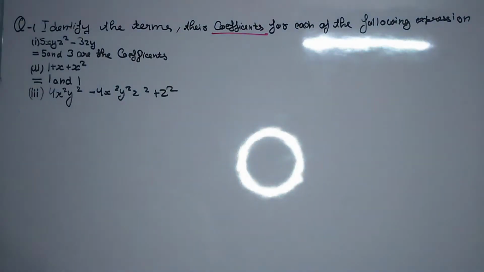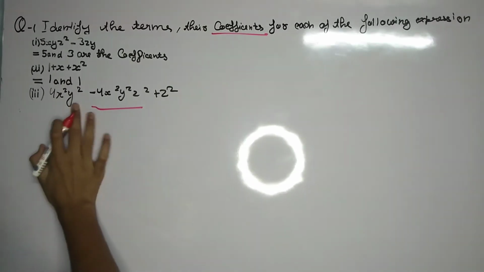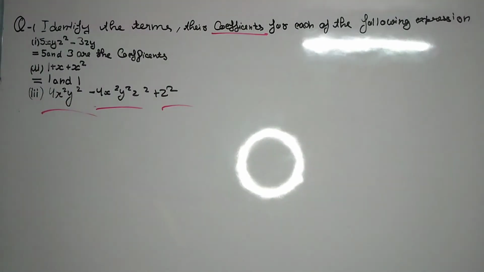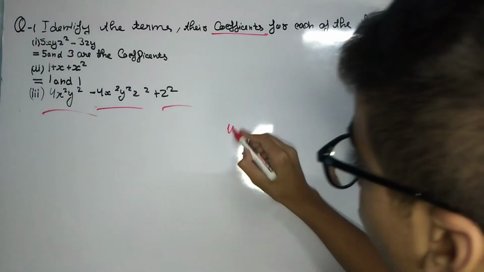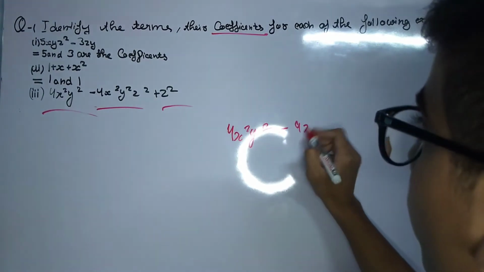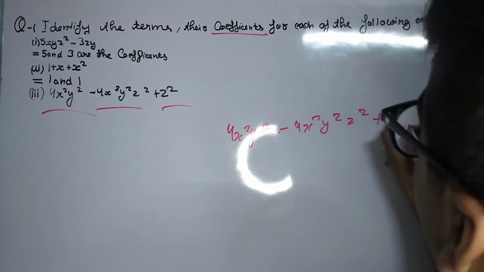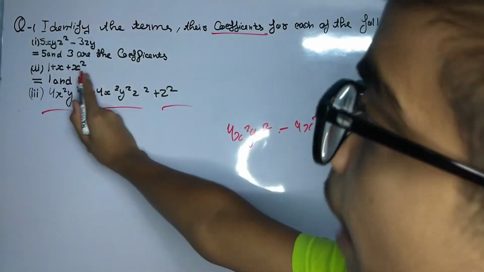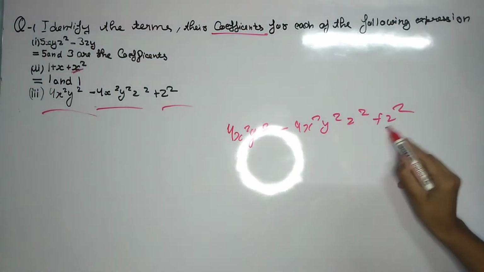In the third part we got again three terms, which are 4x square y square, 4x square yz square, and z square. So we will write the terms here: 4x square y square minus 4x square y square z square, then plus z square. The concept we applied to x and x square we will apply here.